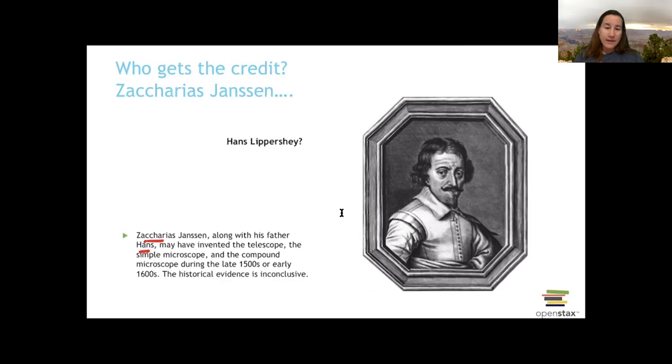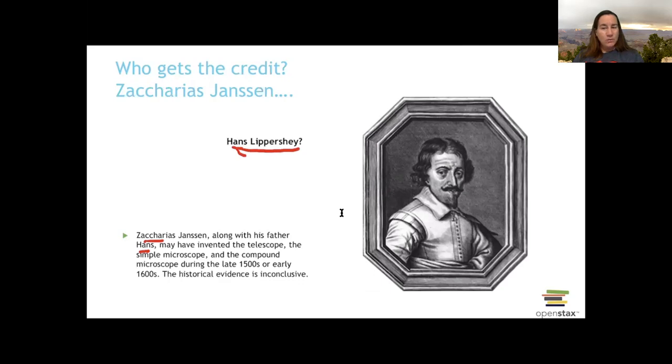They possibly might have been the first people to create a microscope or a telescope. They played around with lenses, but we're not 100% sure if they were the first ones. One of their neighbors, Hans Lippershey, may have invented it too.